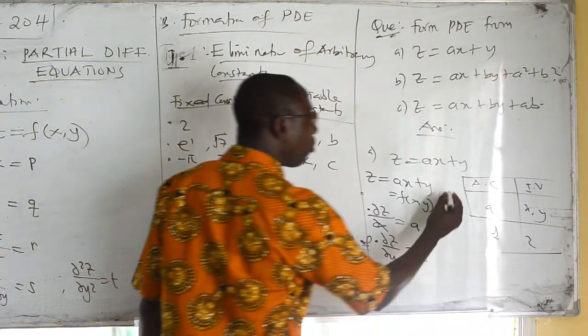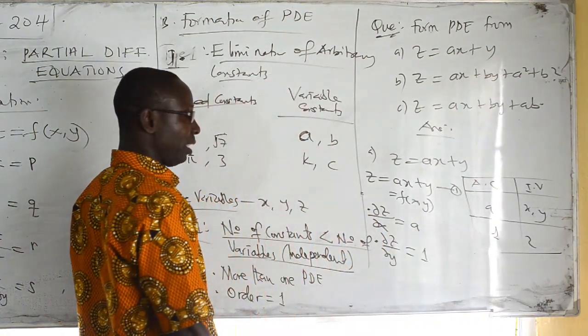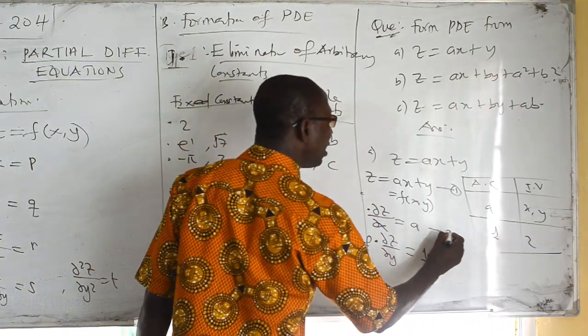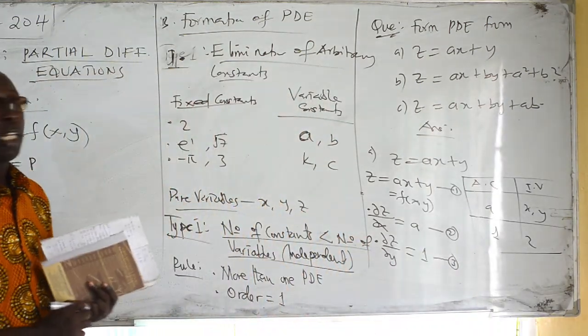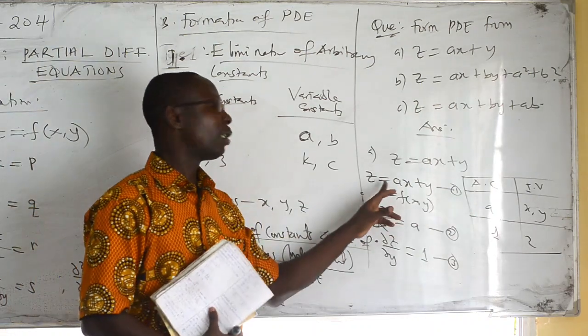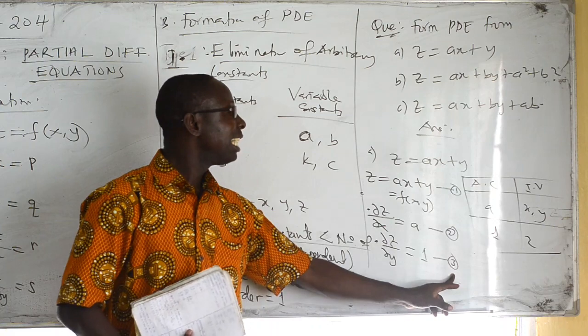I normally call my question equation 1, and I call the differentiations equation 2 and equation 3. After doing all the differentiation, I also label it as part of my equations. Then let's go back to the heading.